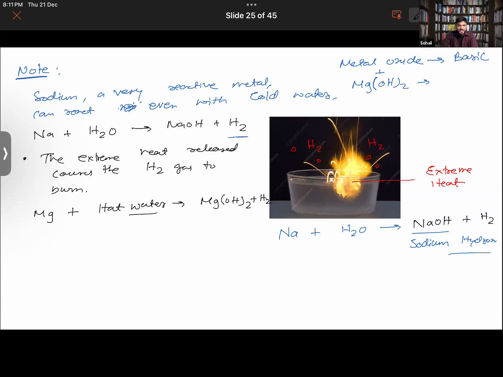Okay, so hope that is clear to everyone. What about the non-metals now? How do the non-metals react with water? Take the example of sulfur. Sulfur is a non-metal, and sulfur will not be reacting with water. ये water के साथ react नहीं करता है.